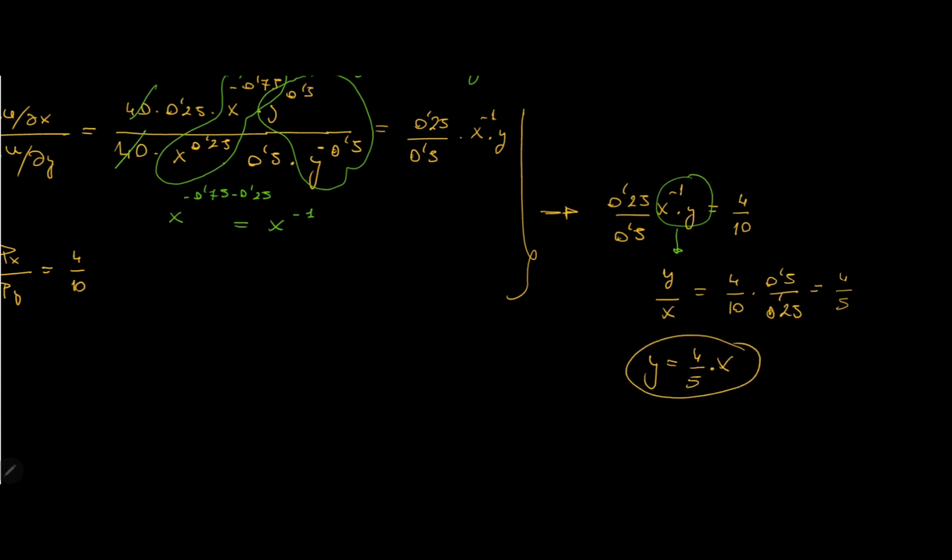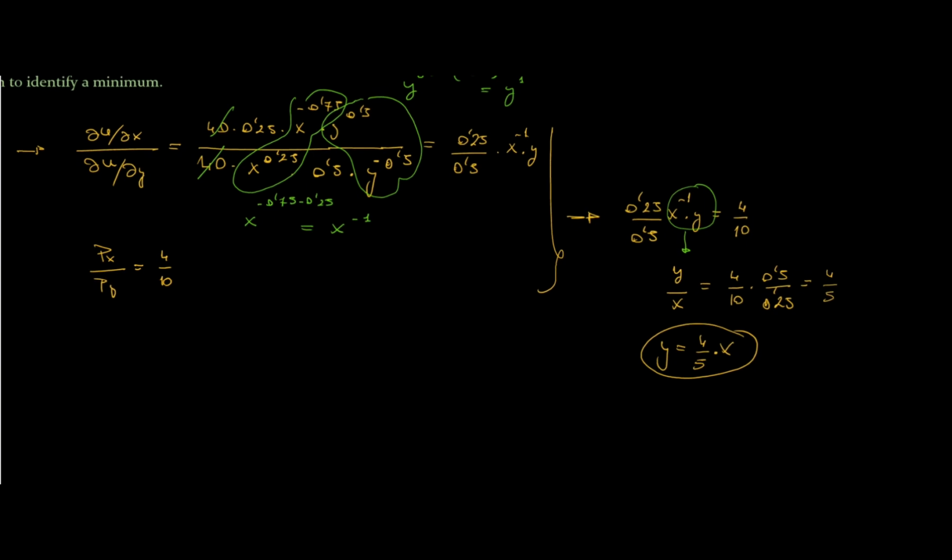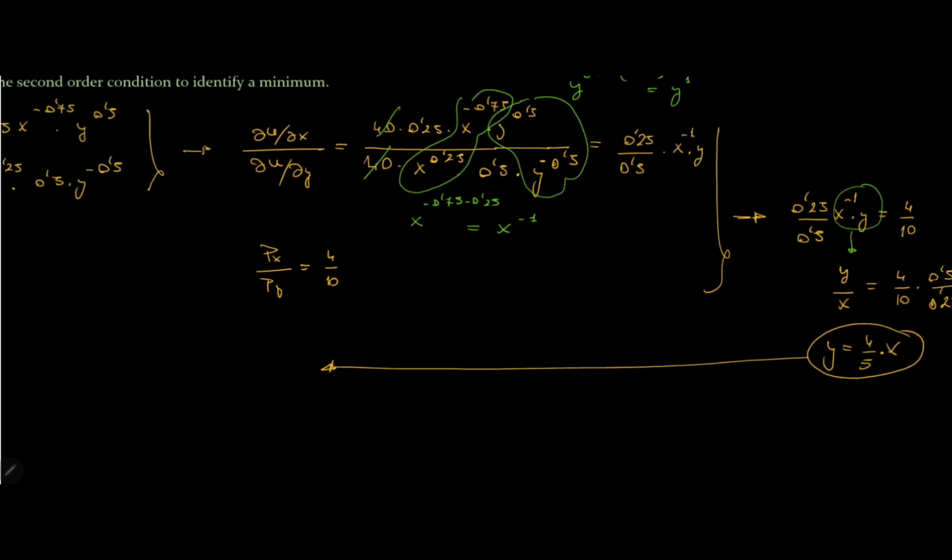And so from the economic formula, I get a relation between the x and the y, so that this ratio of prices, ratio of marginals is satisfied. Then I take that relation and I substitute it into the budget constraint.